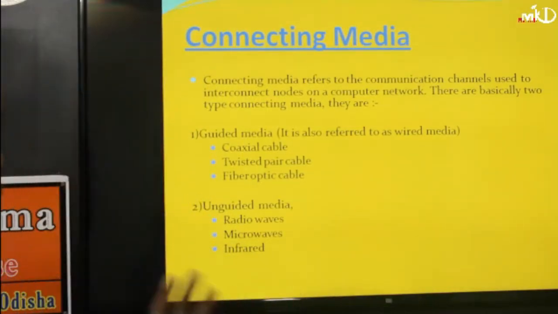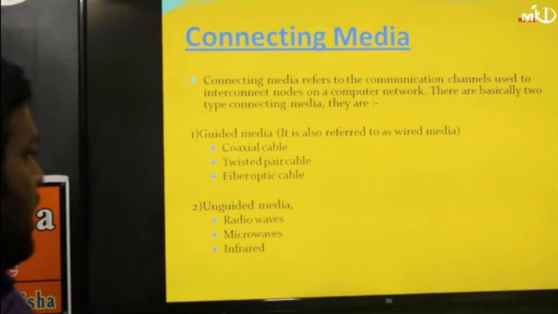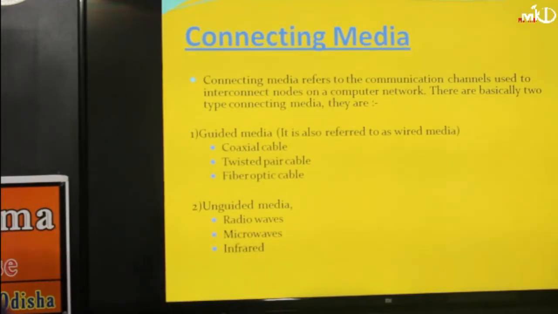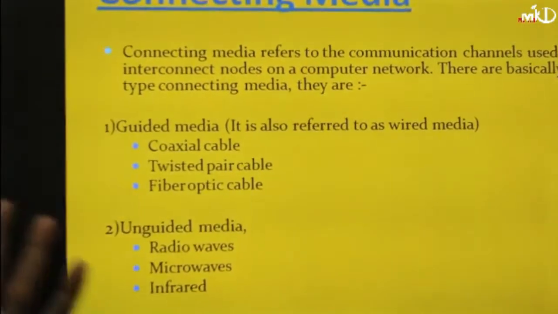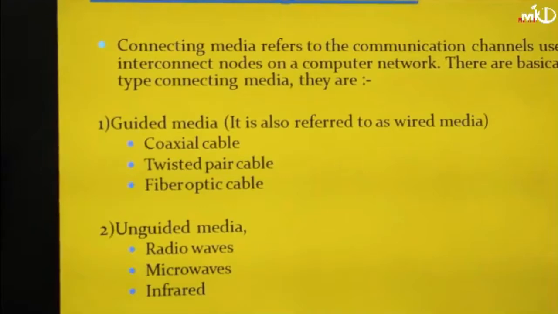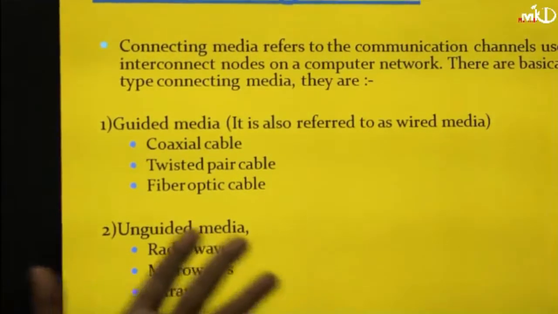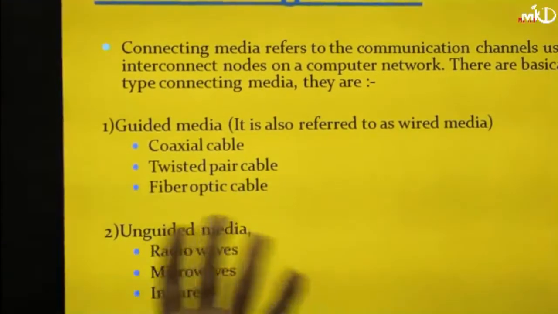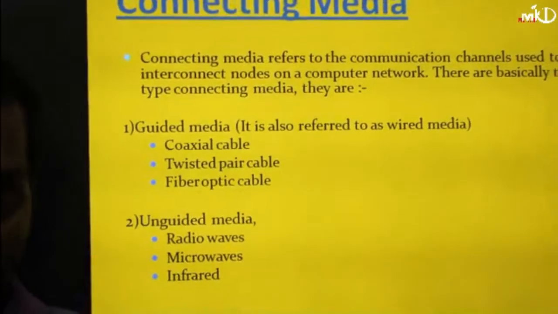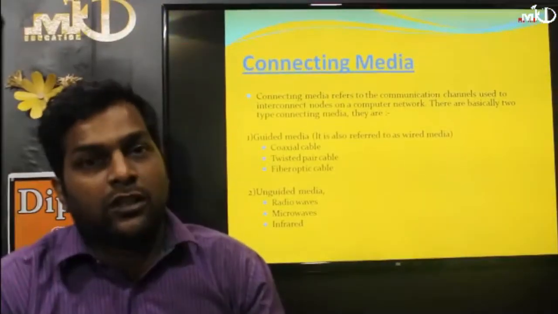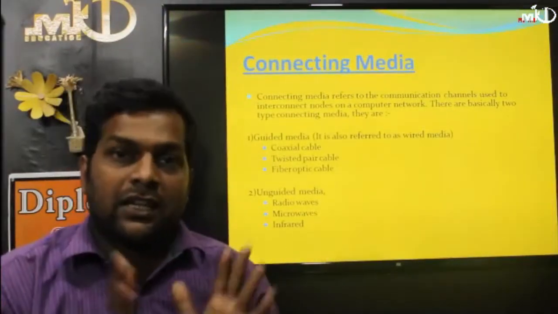It is divided into two types, guided media and unguided media. Under guided media, there are coaxial cable, twisted pair cable, and fiber optic cable. Guided media means wire connection, and you might have gone through the different categories of cables. Different cable structures refer to different types.